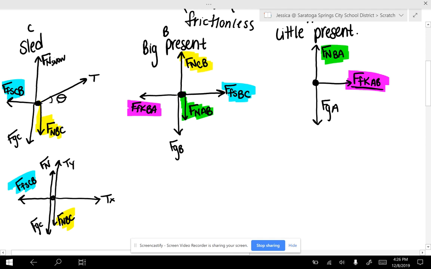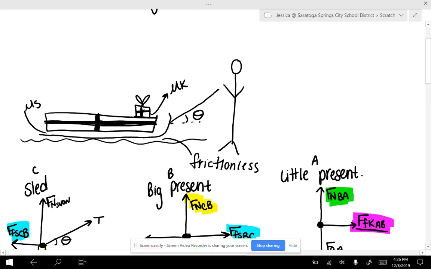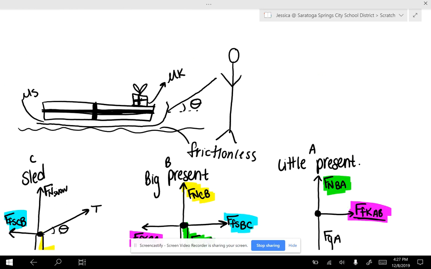And this is yellow. So the sled is C, big present is B, little present is A.